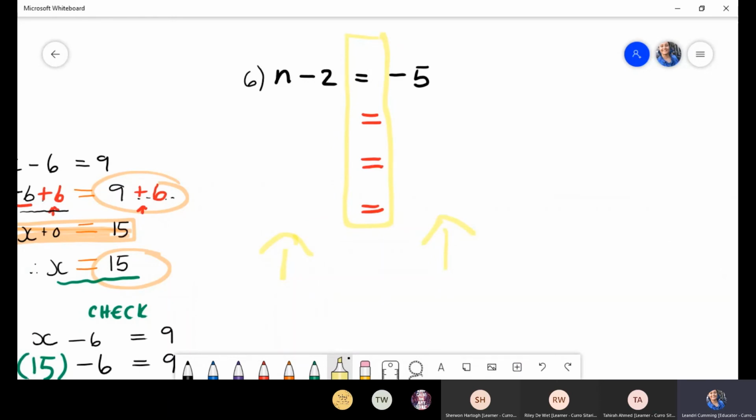So we find ourselves saying, I keep n here, I move minus 2 there, and I leave a little gap. Minus 5, please don't write 5, leave a little gap, okay? I ask myself, how do I undo the minus 2? I undo the minus 2 by adding 2. What I do to that side, I do to this side.